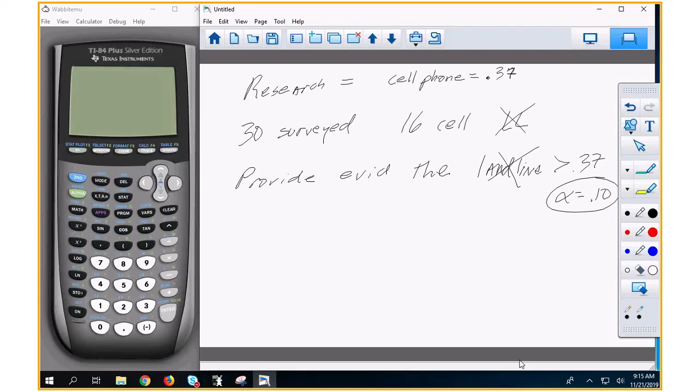Now, this problem is the one I told you about, and you need to mark this problem. Since n is so small, if you did npq, npq would be 30 times 0.37 times 0.63, and you get 6.933, which is less than 10.